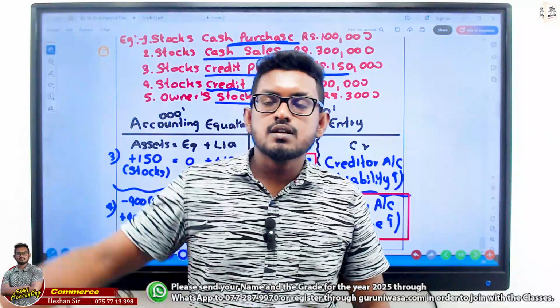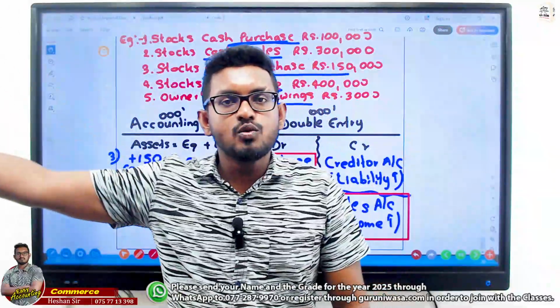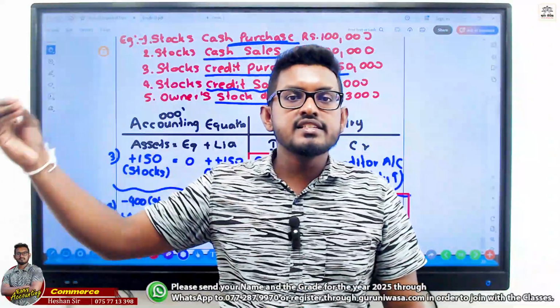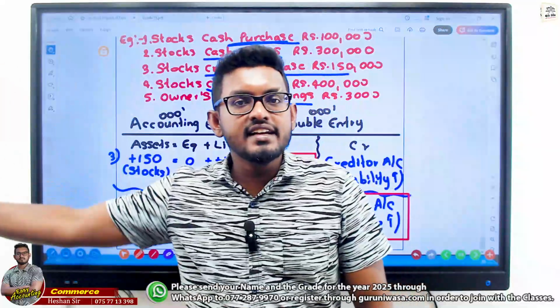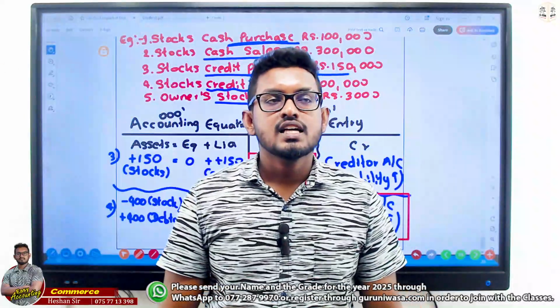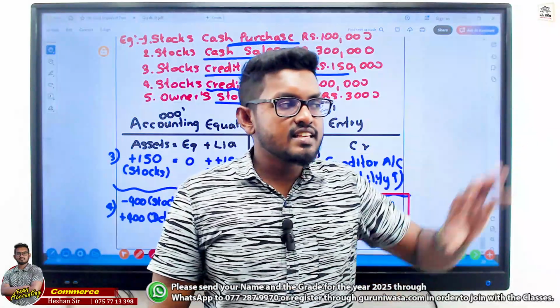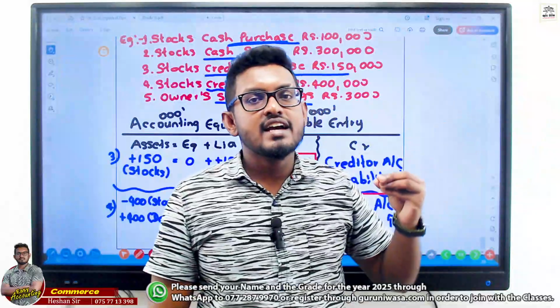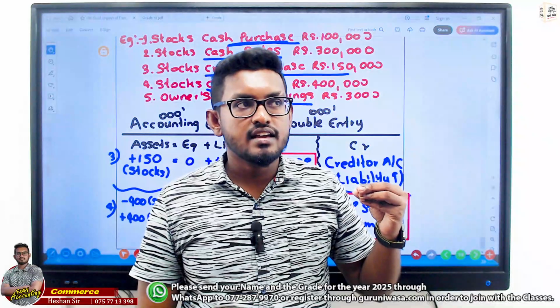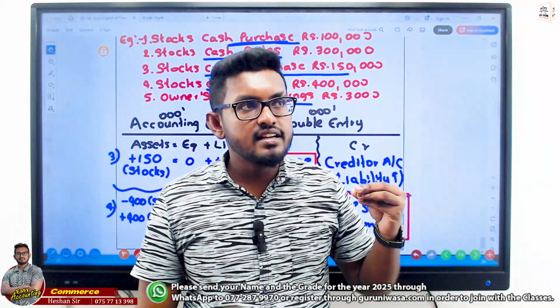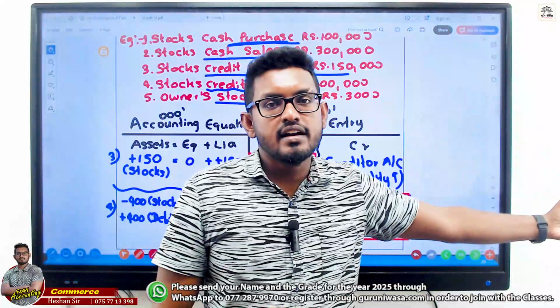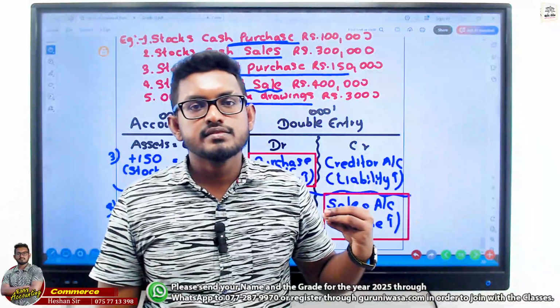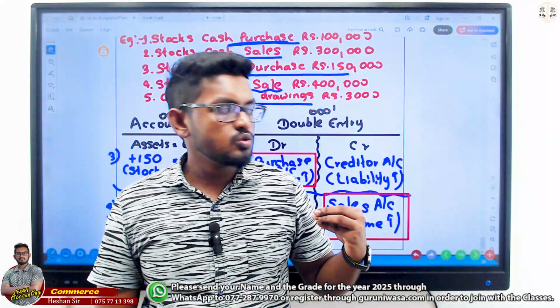Cash purchase, purchase account debit, cash account credit. Credit purchase, purchase account debit, creditors account credit. Cash sales, sales account credit, cash account debit. Understand? Right? Credit sales, sales account credit, debtors account debit. Understood?